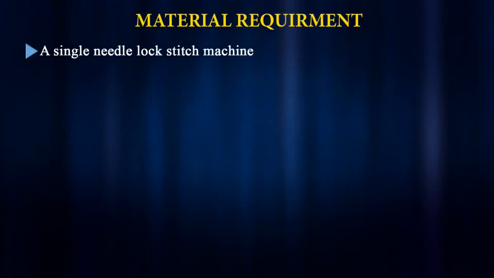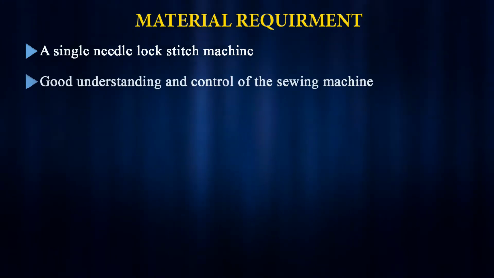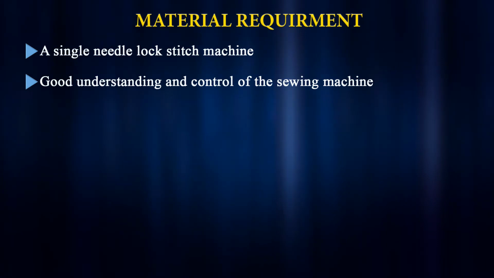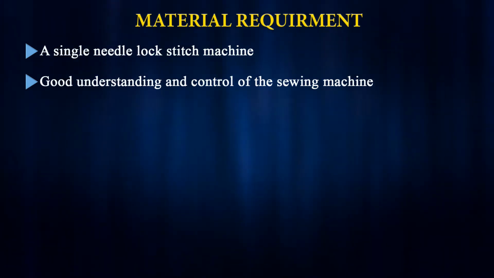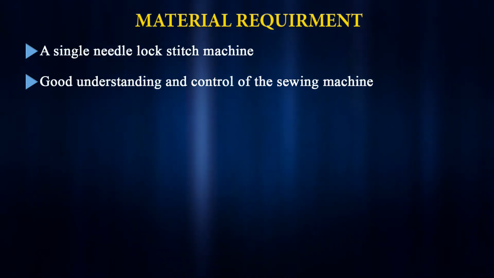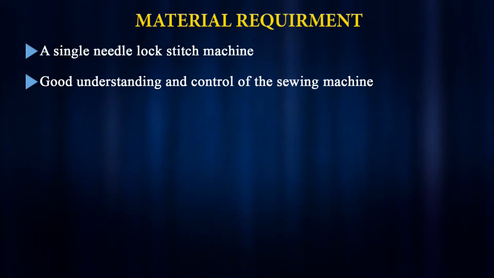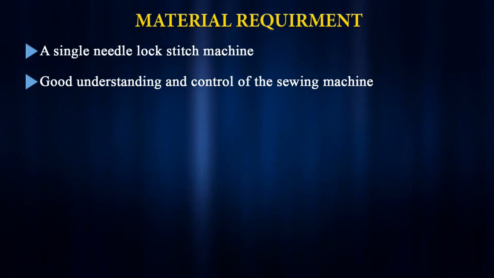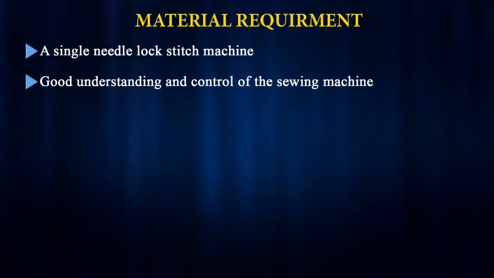In this activity we require a single needle lock stitch machine. You need a good understanding and control of the sewing machine. In the earlier two activities, based on the sewing machine, its parts, handling and safety measures, and controlling the machine, you gained good knowledge of the parts, handling, and speed control of the machine.